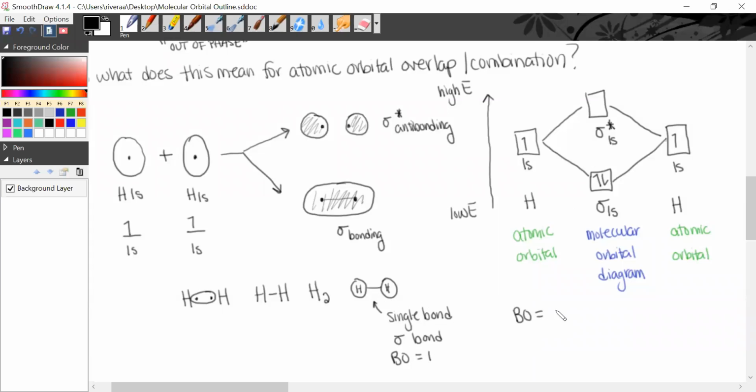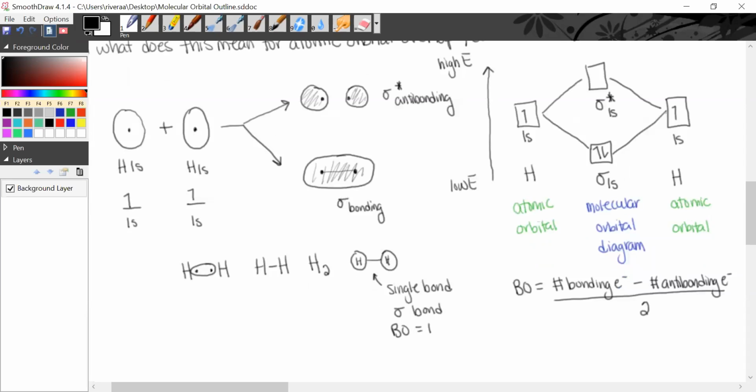You take the number of bonding electrons, so electrons that are in bonding orbitals, minus the number of anti-bonding electrons, divided by 2. Okay, so bonding electrons minus anti-bonding electrons divided by 2. So that's your equation.